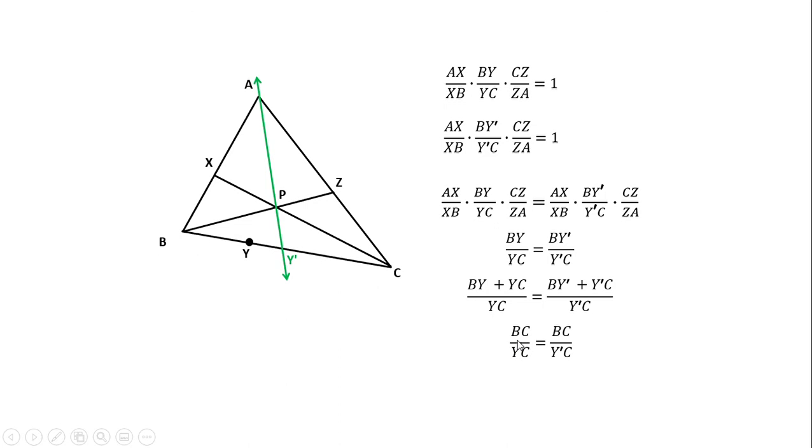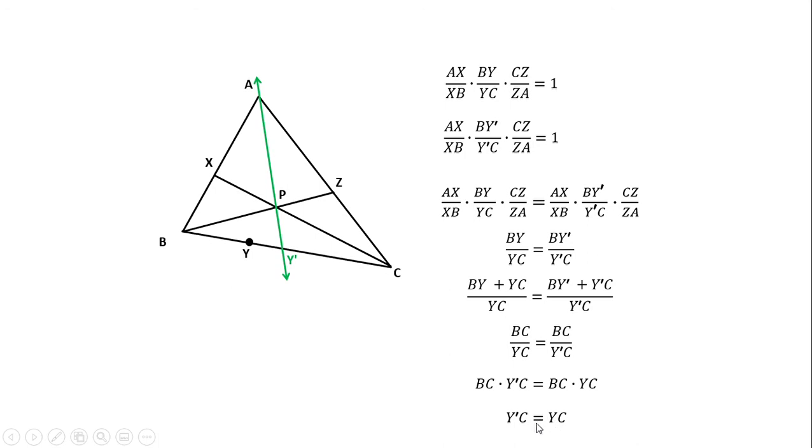So now we've got BC is to YC as BC is to Y prime C. Now finally, we can multiply the means and the extremes and get BC times Y prime C is equal to BC times YC. Now if we divide both sides by BC, we'll have the fact that Y prime C is equal to YC.